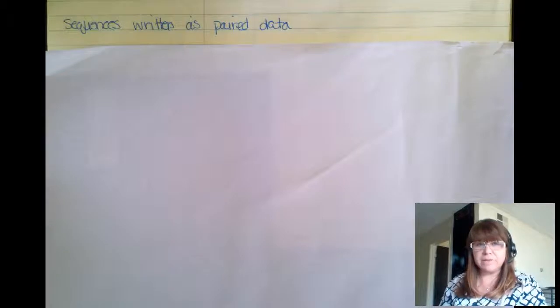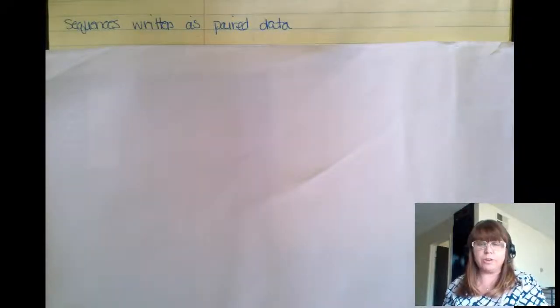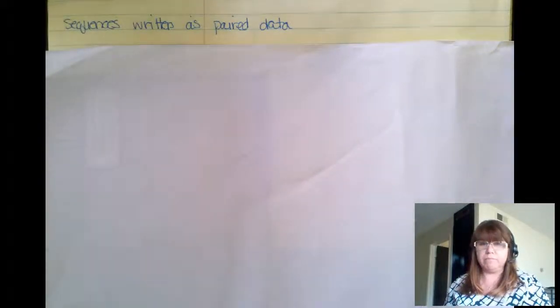Let's think about some of the data that we've had in the past, like sequences. Let's take a sequence of odd numbers, and let's write them as an ordered pair. You might be saying, well, how do I do that considering I only have one number? 1, 3, 5, 7. That's only one number.